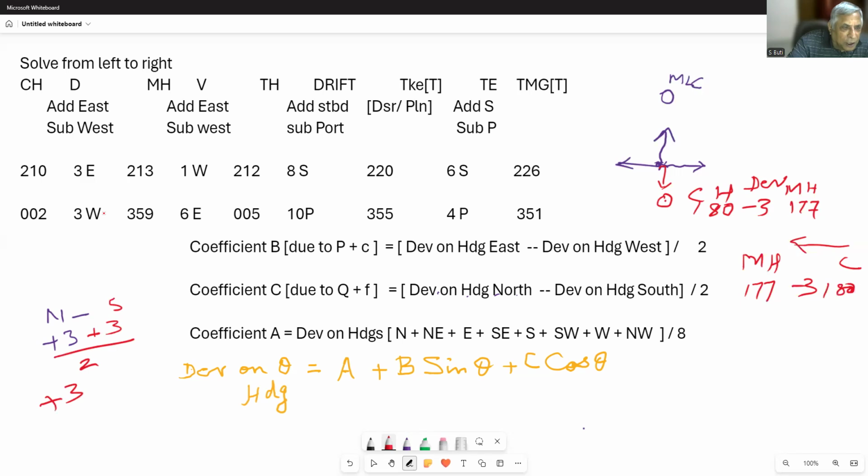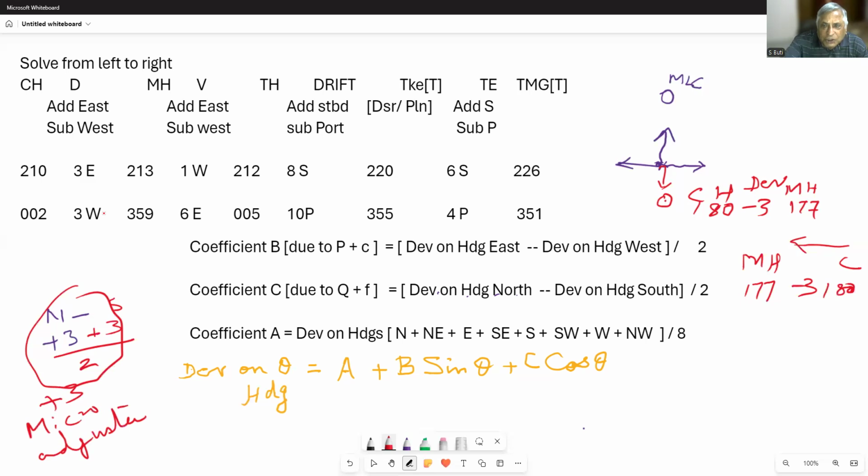Okay. So what do we do? We correct for this coefficient C with the help of a micro adjuster or electromagnetic corrector in your gyromagnetic compasses. And then we will proceed forward.